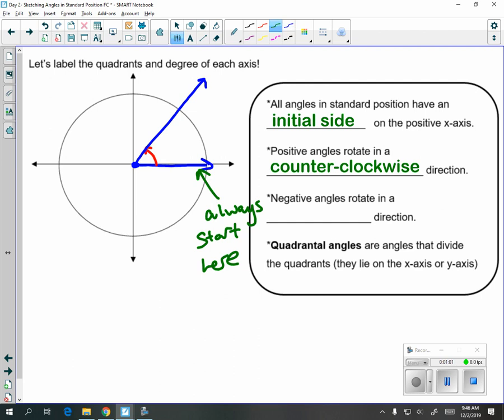The top side of it is called your terminal side. And terminate, right? If they are terminating you at your job, it means you are being fired. Something is ending. That's what terminate means. So terminal side means where the angle ends.